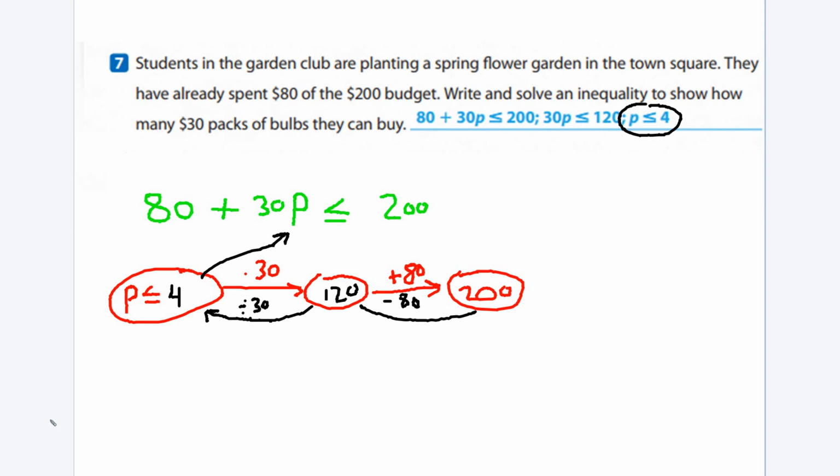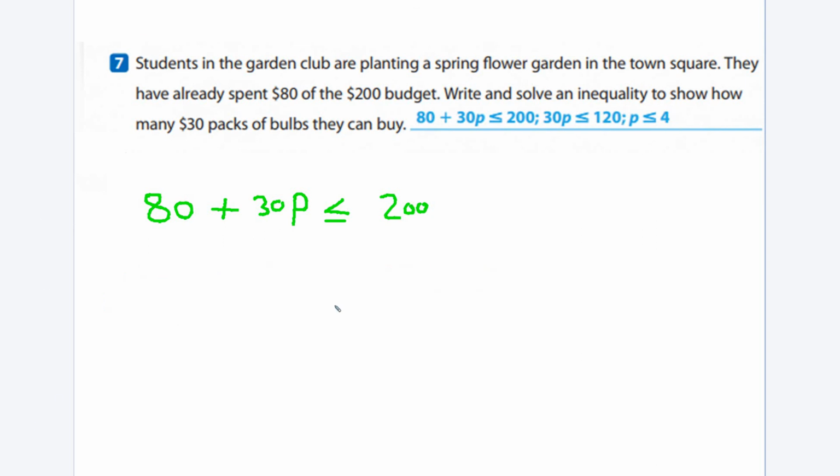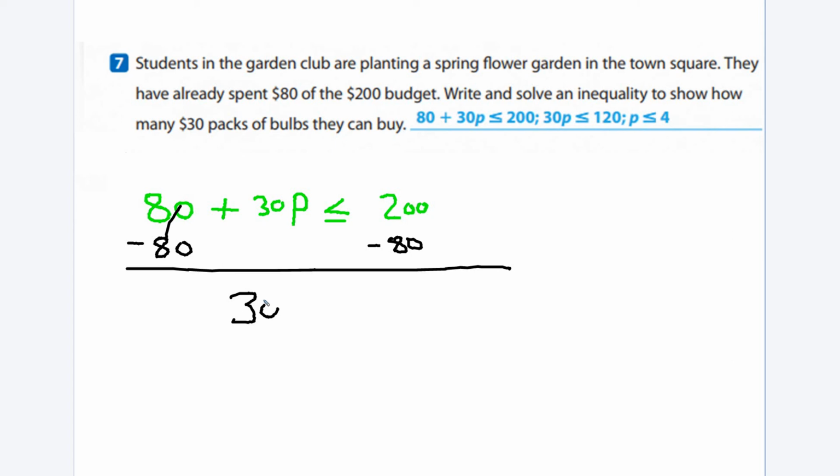Let me now show you how to solve this the traditional way. Get rid of the constant first. Whatever I do to one side of the inequality, I must do to the other. 80 minus 80 is 0. You're left with 30p. It's less than or equal to 120 because 200 minus 80 is 120. So this inequality is right up here.